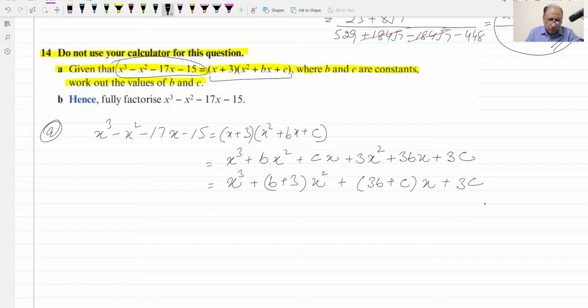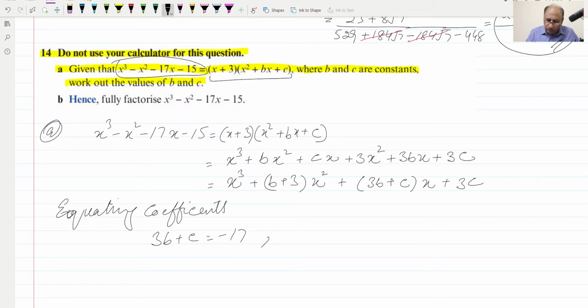We can compare the coefficient of x first, so that will be 3b plus c is equal to, on this side we are having minus 17, so equating coefficients, we can write 3b plus c is equal to minus 17.